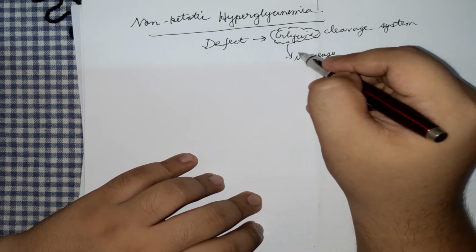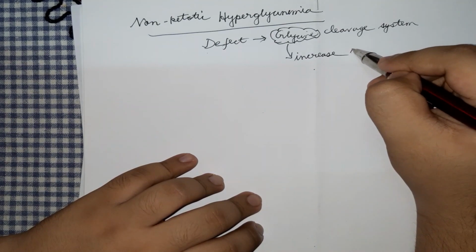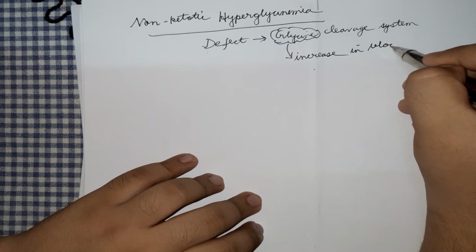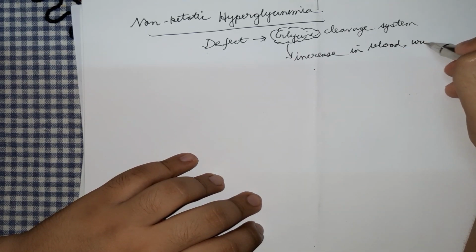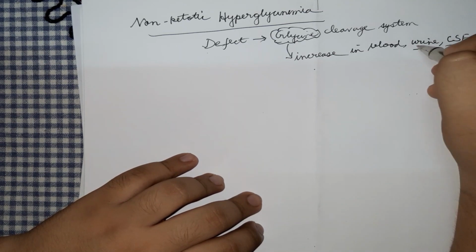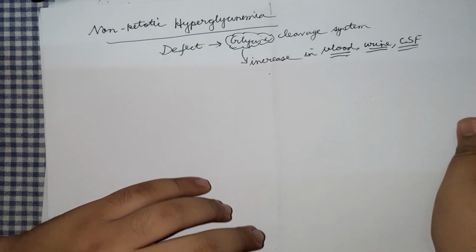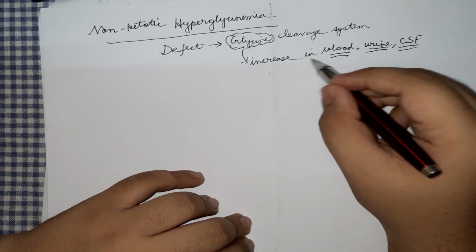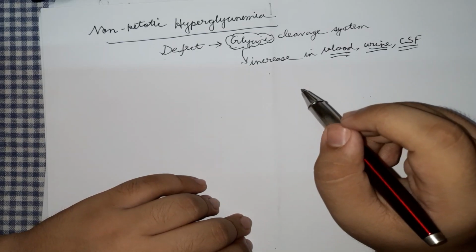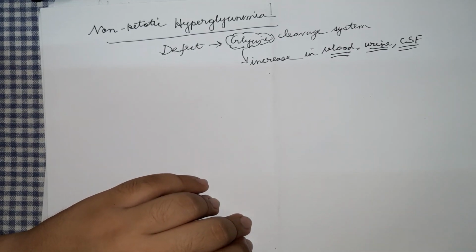This increase is not only in blood but also in other body fluids like urine or cerebrospinal fluid. These are all increased glycine containing body fluids.